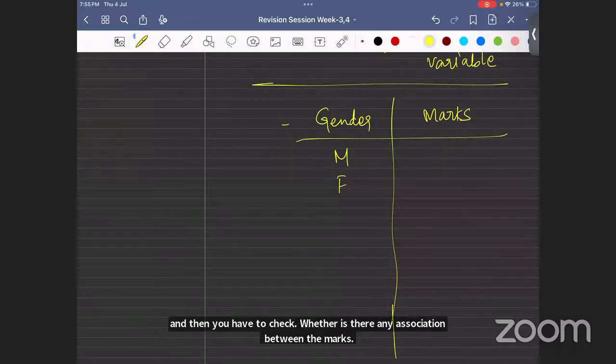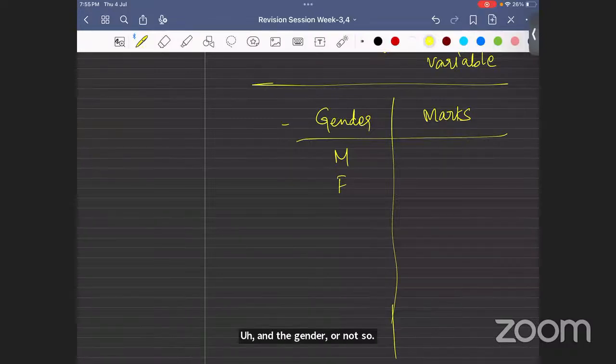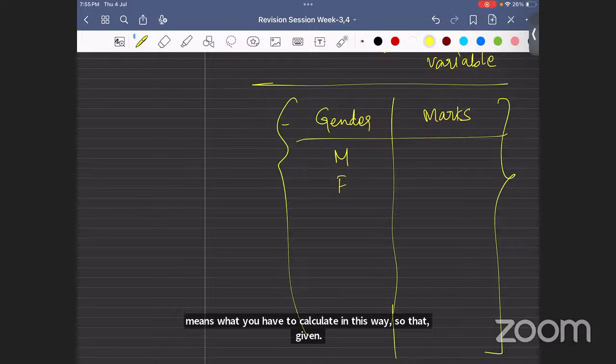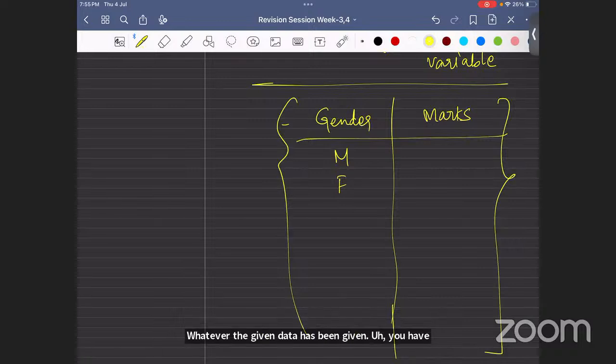You have been given the mark sheet and gender for some students, and you have to quantify whether one gender is getting more marks or whether it is the same for both.